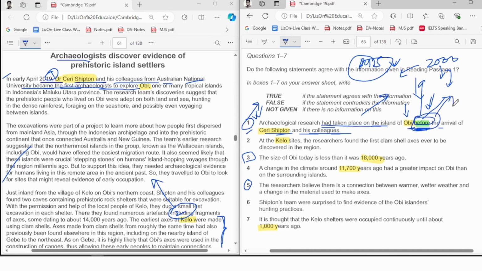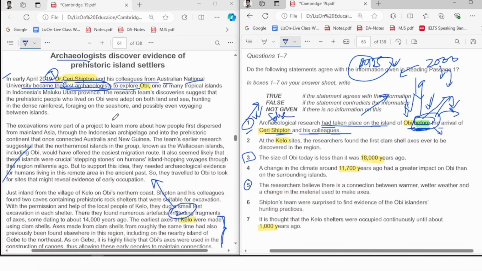It happened after they came because they were the first. The research team discovered a lot of things, but they were the first. Nothing happened before them. The question says something happened before, and we have seen they were the first, so nothing happened before them. So it's opposite and it will become false.